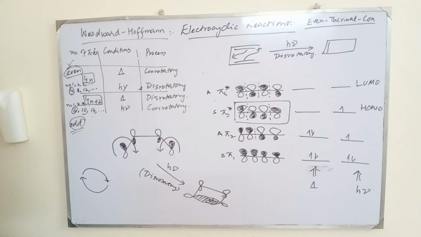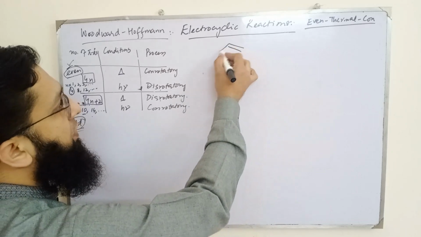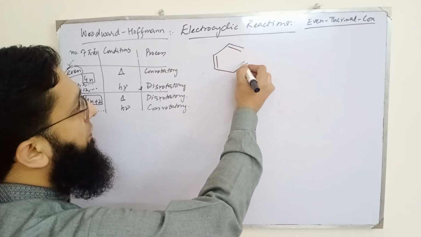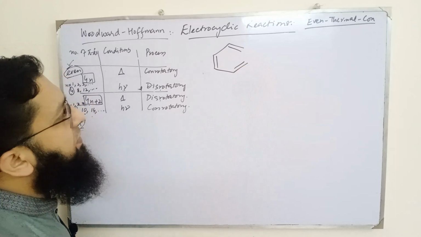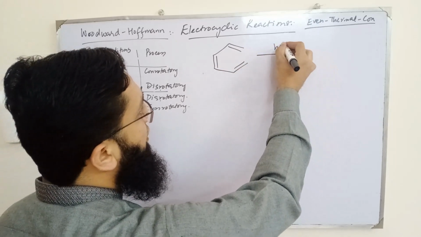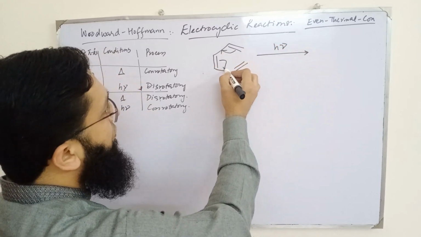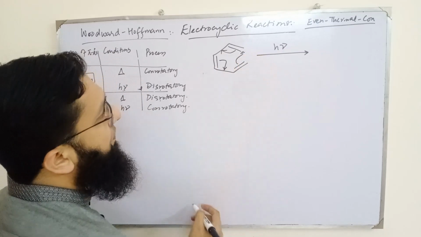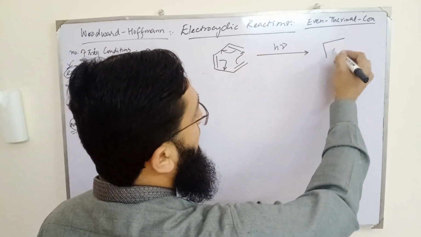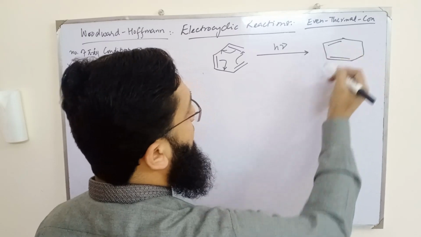Now we see one more example. In this example, we would like to see the ring closing reaction of 1,3,5-hexatriene under photochemical conditions, and this would shift here, this would shift here, this would shift here, and as a result we will get this one.